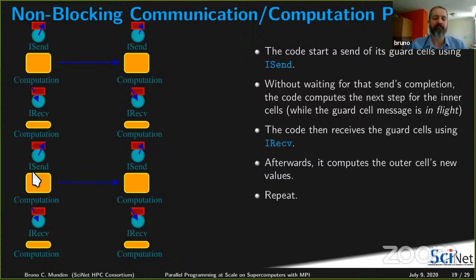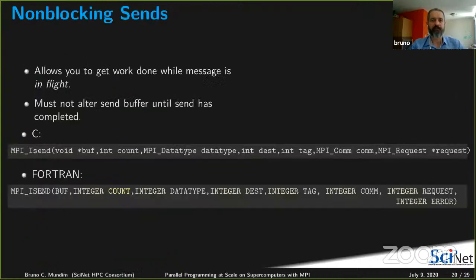Send the message, get control back to the calling function, do computation. The message and the computation are executed in parallel, so you're overlapping the computation and communication. So it is great to increase the performance of your code, because if you have a lot of computation to do, it can be done in parallel with the communication that needs to be performed, okay?